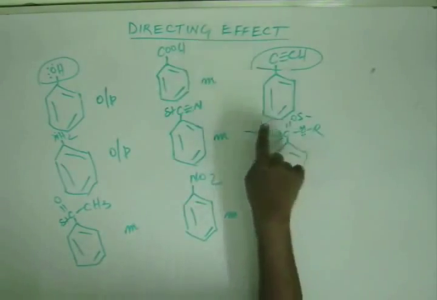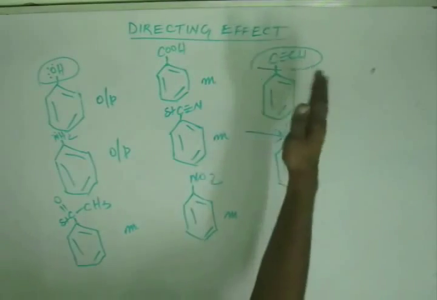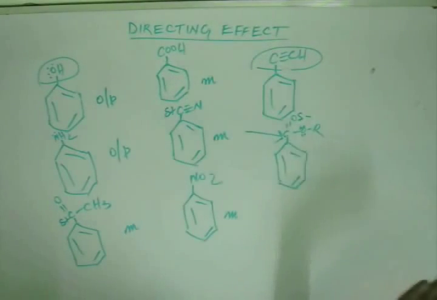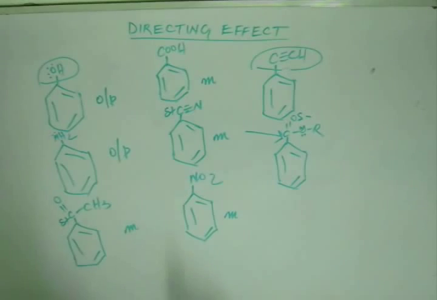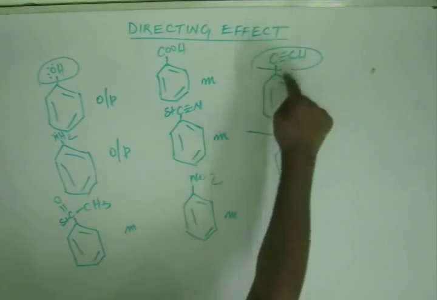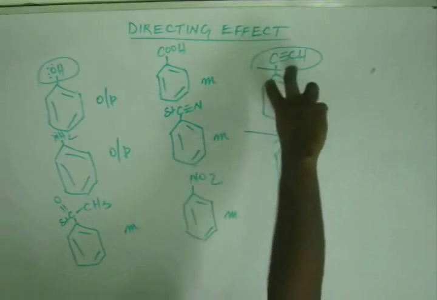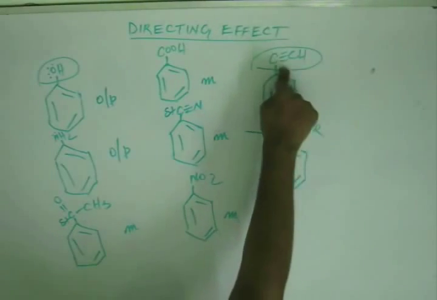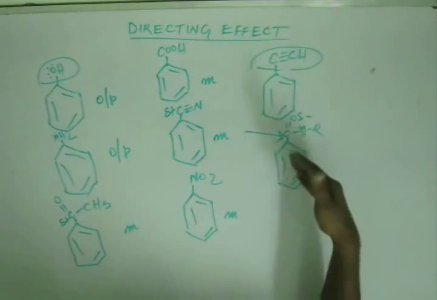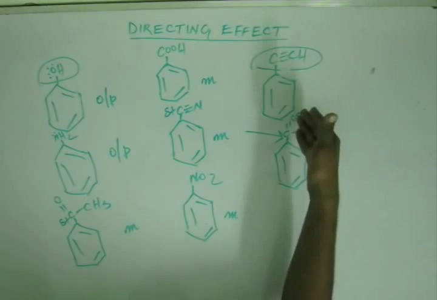So when you have a pi bond outside the benzene ring, the electrophile prefers to get attached on this pi bond rather than on the benzene ring. So preferably the addition will be on the pi bond and not on the benzene ring. So here there is no question of substitution on the ring; rather the addition will take place outside the ring. So here we really don't discuss whether it is meta directing or ortho para directing.